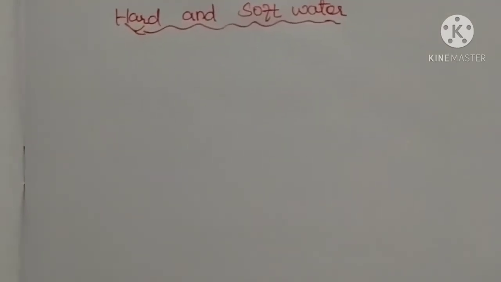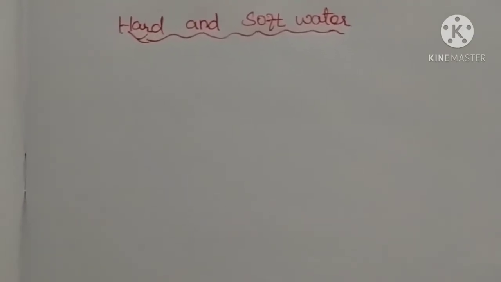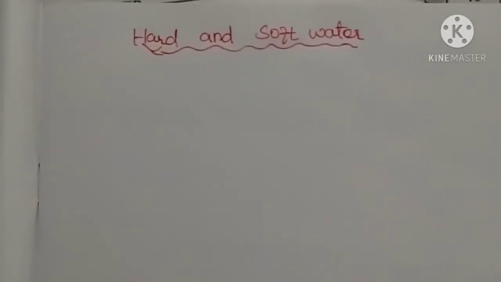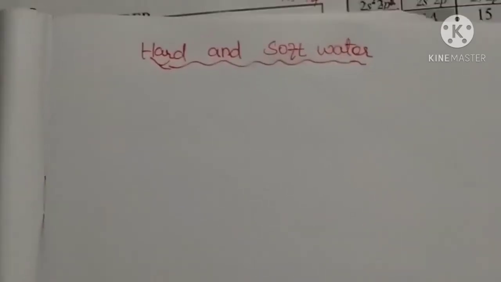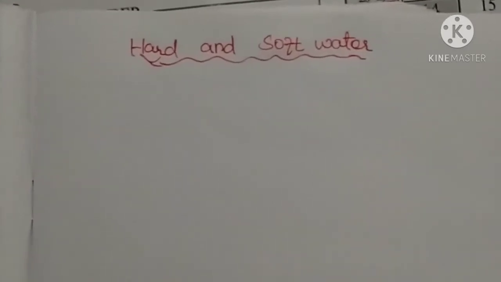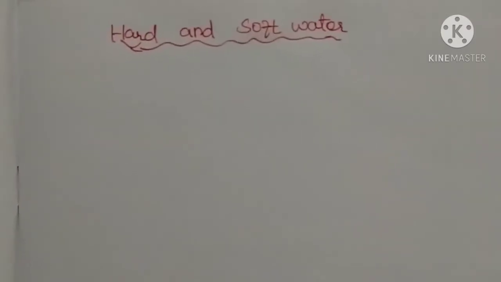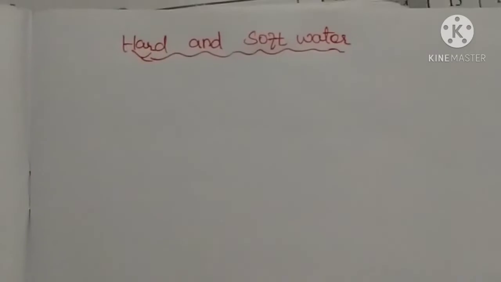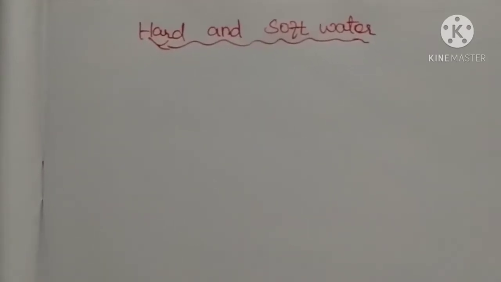For example, magnesium bicarbonate, calcium bicarbonate, calcium chloride, magnesium chloride, magnesium sulfate, calcium sulfate. The bicarbonate, sulfate or chloride of these dissolved cations, magnesium and calcium, makes this water hard.